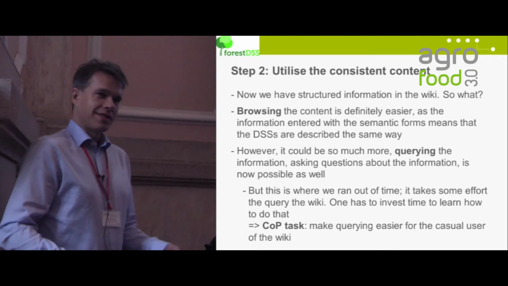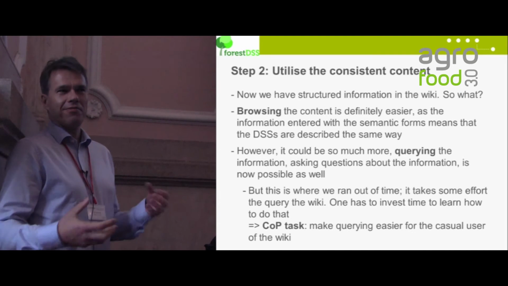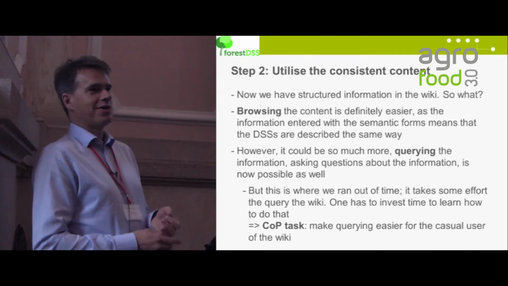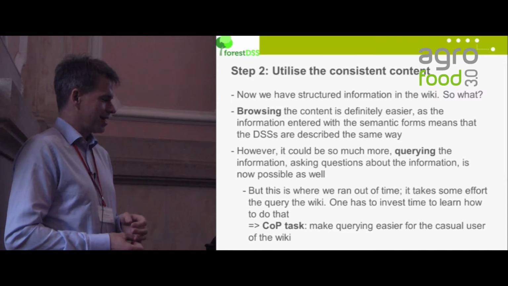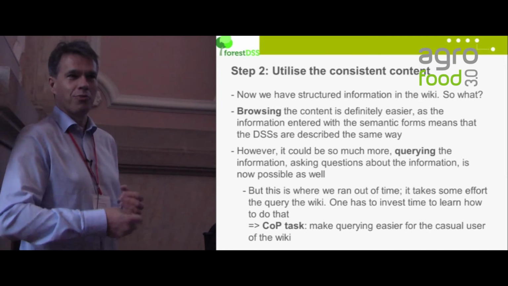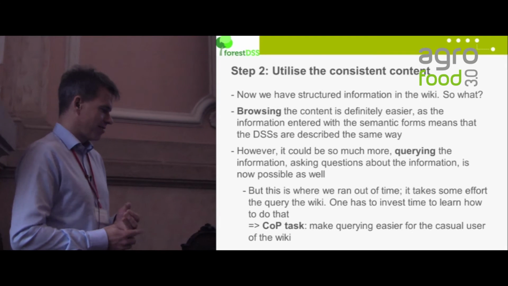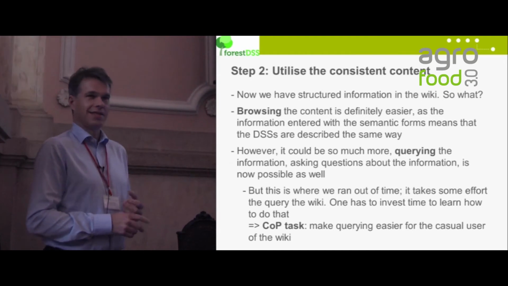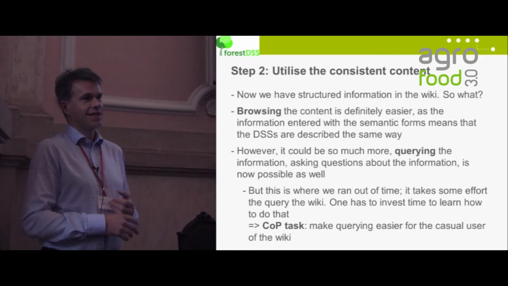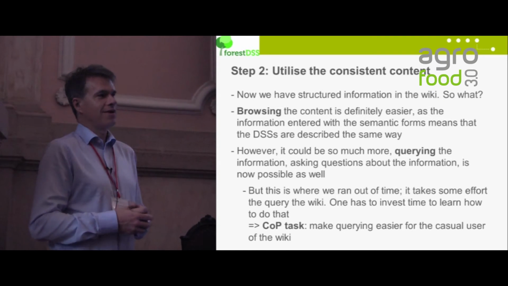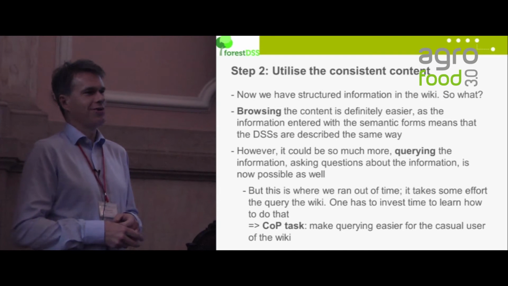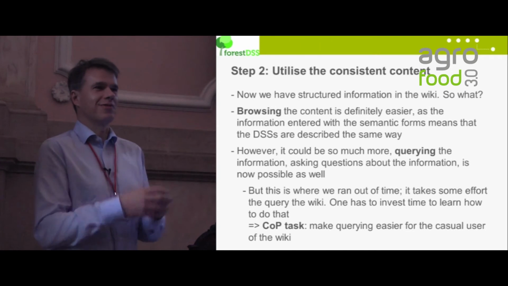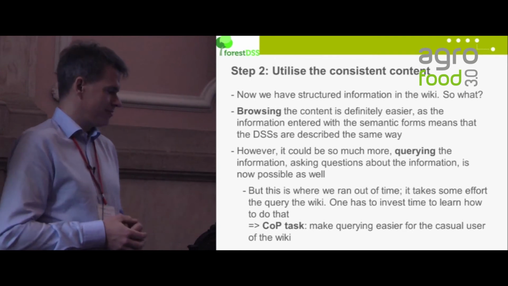But then when you want to ask a more complicated question about the DSSs in the wiki, it gets, well, complicated. Querying the information content isn't really as easy as it should be at the moment. It takes a little bit of effort to figure out how to work your way through the question to get the answer from the wiki.